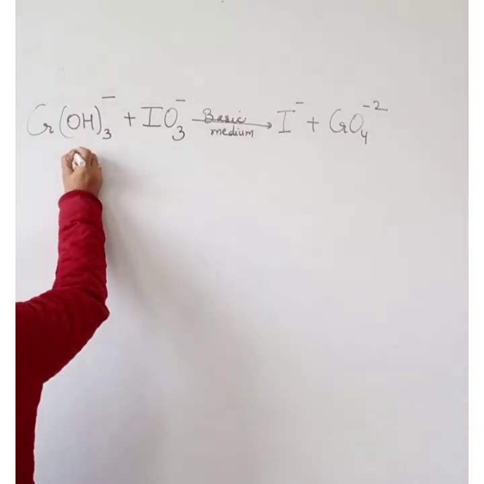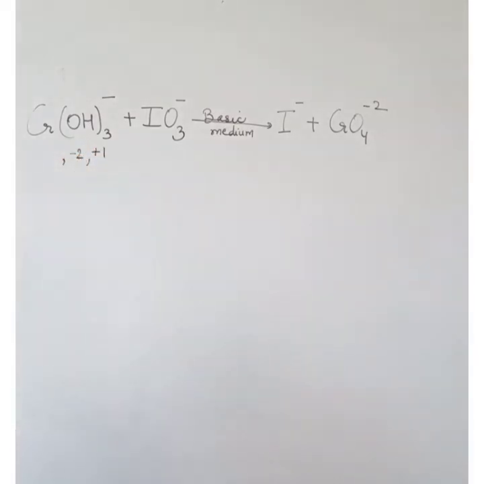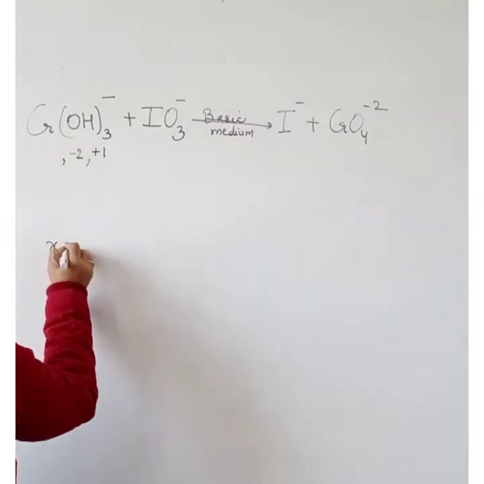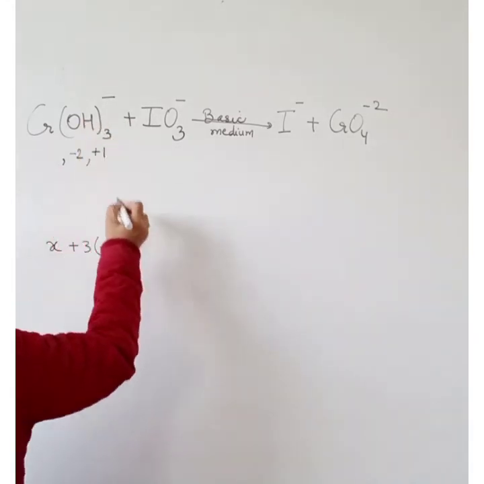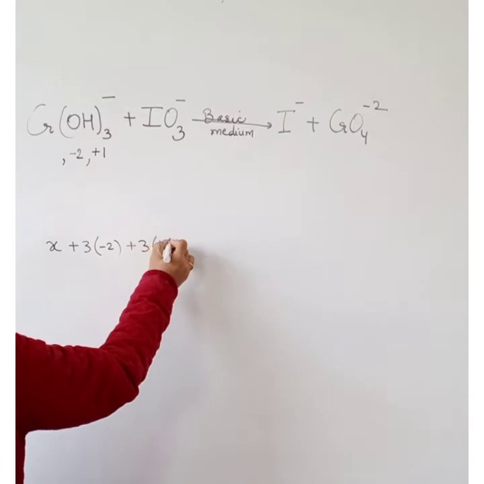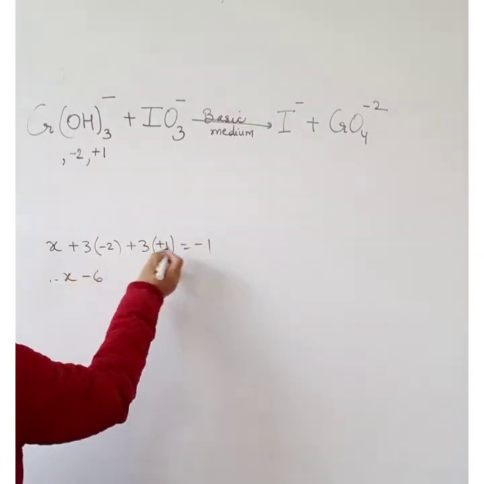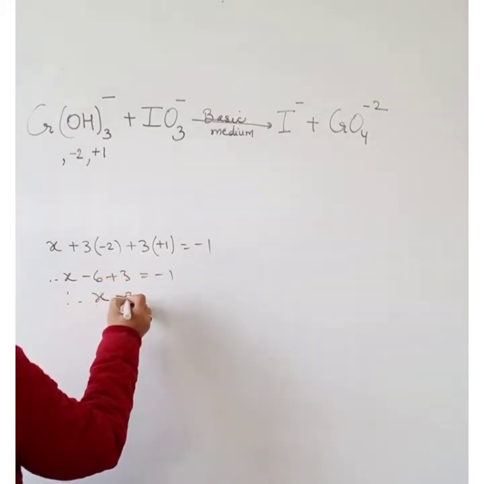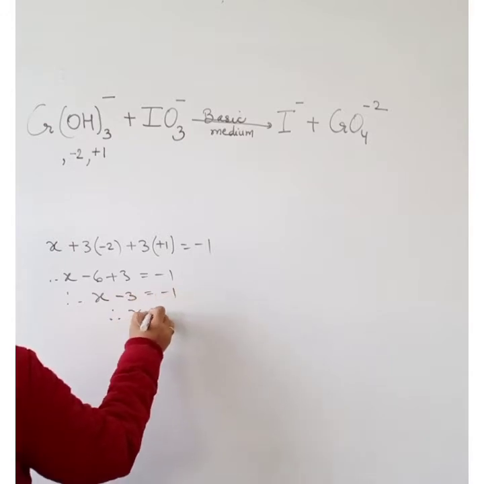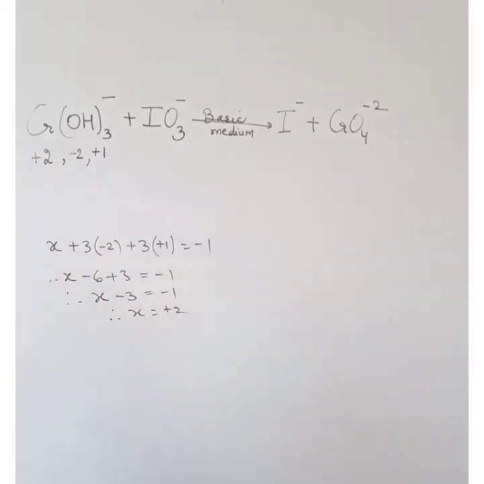Now we know that oxygen is minus 2, hydrogen is plus 1 and for chromium we can calculate the oxidation number: x plus 3 into minus 2 plus 3 into plus 1 is equal to 0. Therefore, x minus 6 plus 3 is equal to 0, x minus 3 is equal to 0. So, x is equal to plus 3. So, plus 3 is the oxidation number of this.